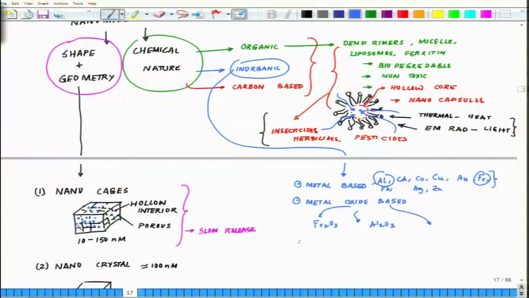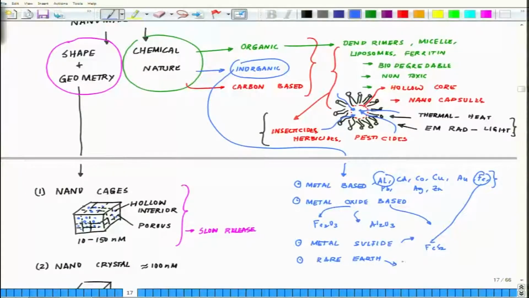This also includes a series of metal sulfide based materials, which we will be dealing with pretty frequently. Then you have rare earth based. So these are all different kinds of nanomaterials which are either metal based, metal oxide based or metal sulfides. Metal sulfides could be, say, if we talk about iron, FeS2.